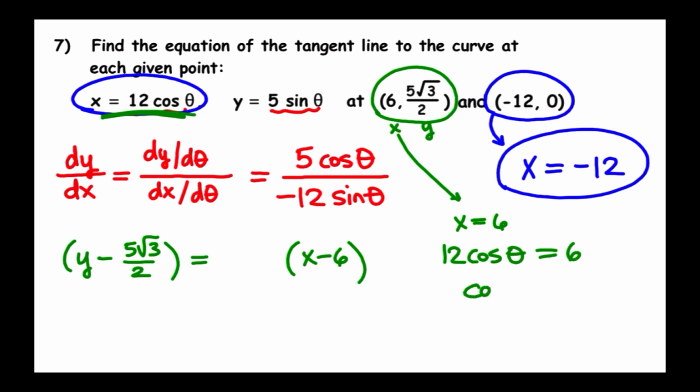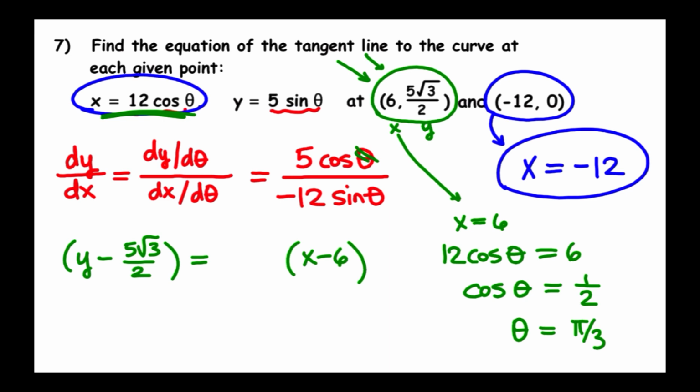Divide by 12, cosine of theta is going to be 6/12, or 1/2. And even though cosine of theta equals 1/2 in two different quadrants, we're sticking with quadrant 1 because, as you notice, the point that this came from, both x and y were positive. So I'm going to stick with 60 degrees or pi over 3 in radians. So that's my theta down here.